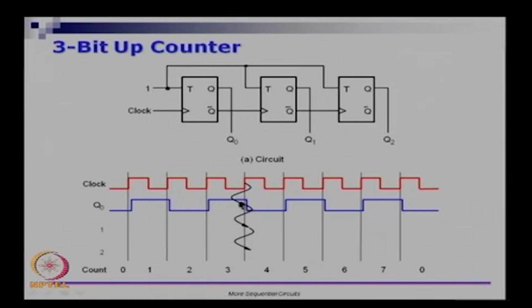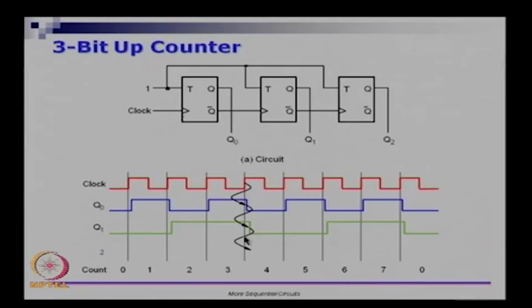So whenever this goes from 1 to 0, this flip flop is triggered and it will toggle its value. Assuming that Q1 starts at 0, this negative edge of Q0 will be a positive edge for Q0 bar, which will trigger Q1. So Q1 will toggle to 1, and then it toggles back to 0, it toggles to 1 and so on.